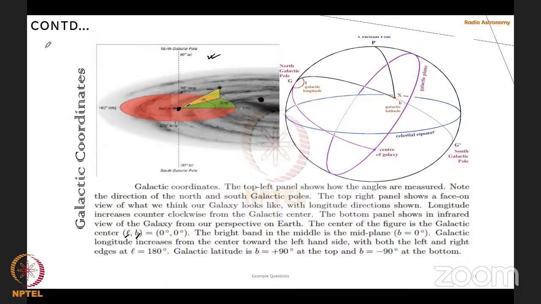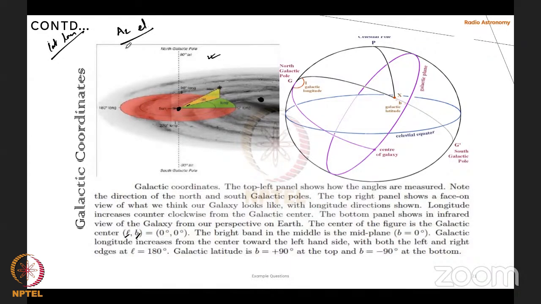Now, this galactic coordinate system or the equatorial coordinate system can be translated to lat-long, and the most important thing which we require is azimuth and elevation.